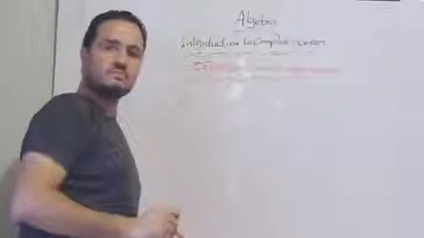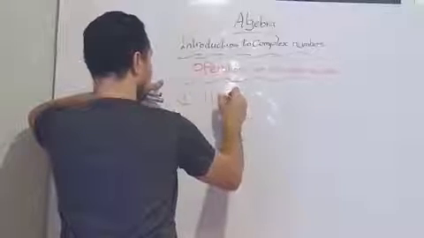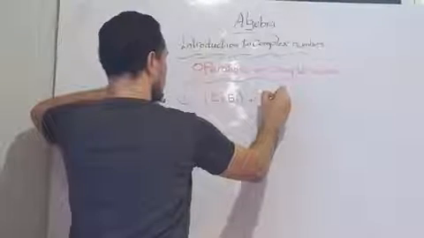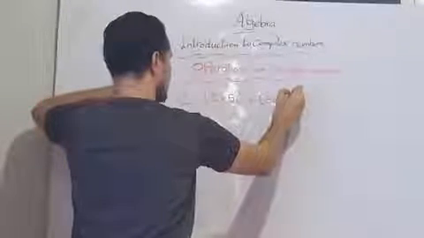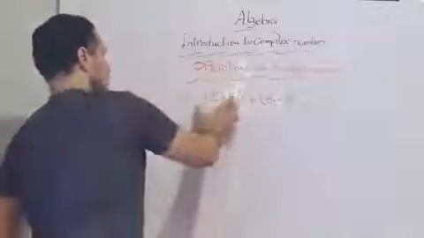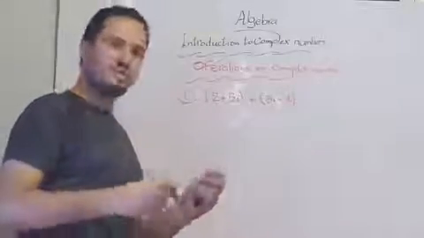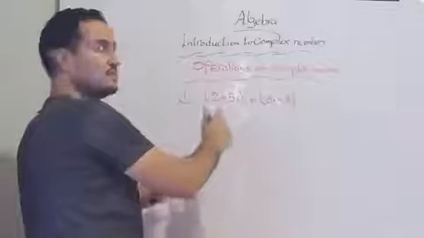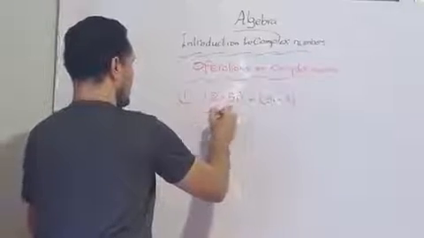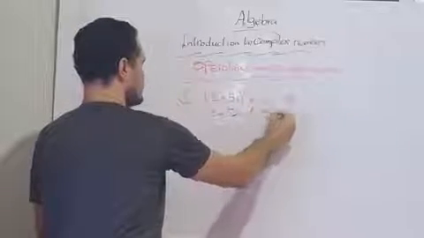Number 1: (2 plus 5i) plus (3i minus 4). What's the value of this operation? Complex number plus complex number. How to get the value? First of all, let's erase the brackets: 2 plus 5i plus 3i minus 4.